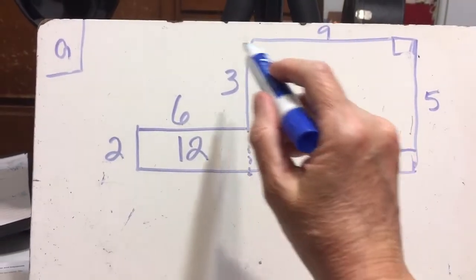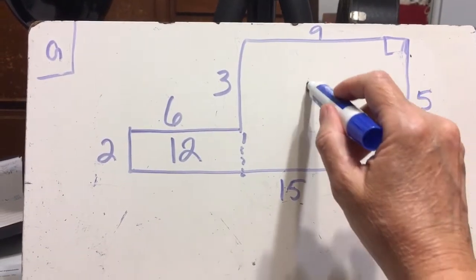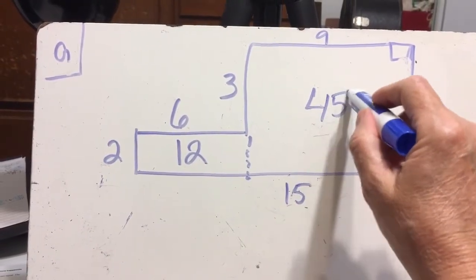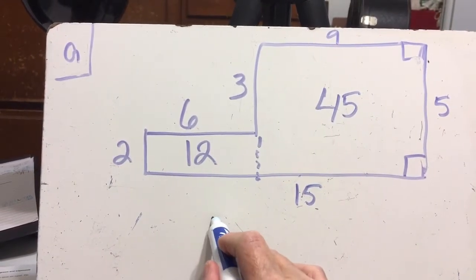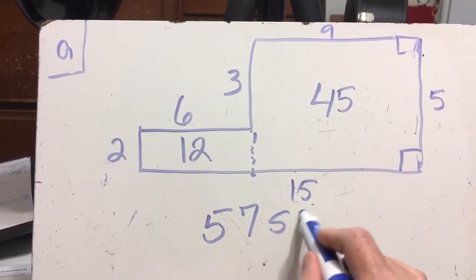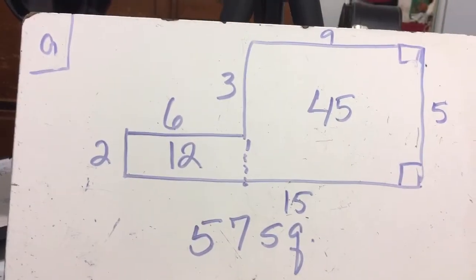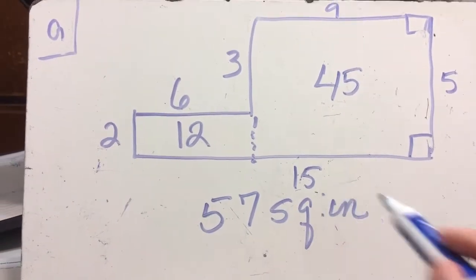This one is 9 by 5 for an area of 45 square units, and 45 plus 12 is going to be 57 square, and the units in that problem are inches. So this one was practice A in your book.